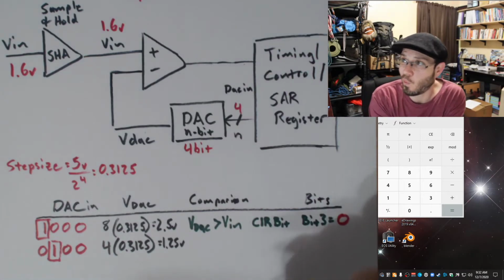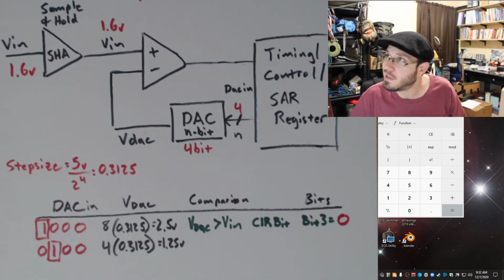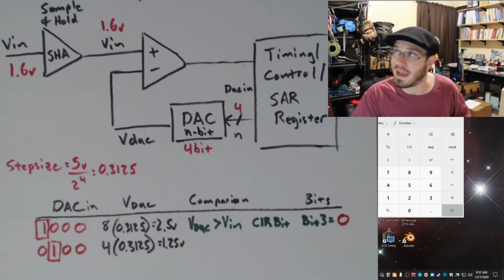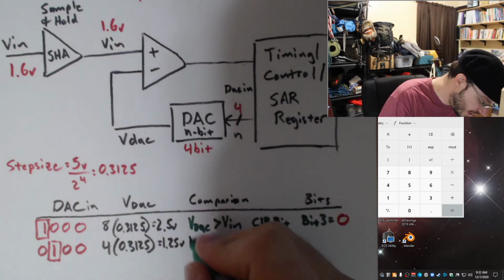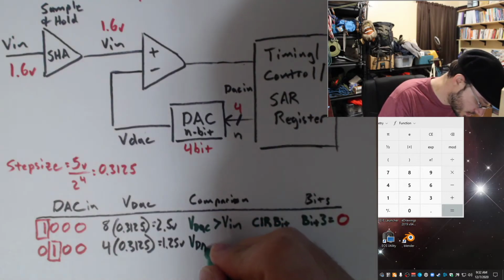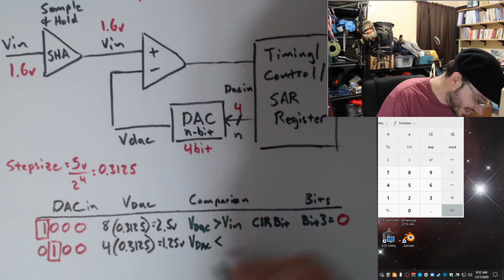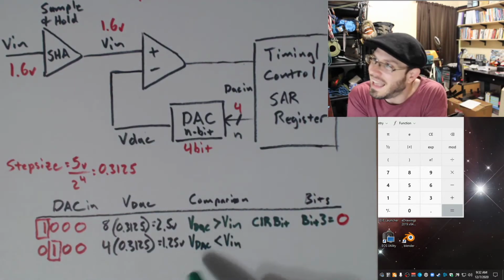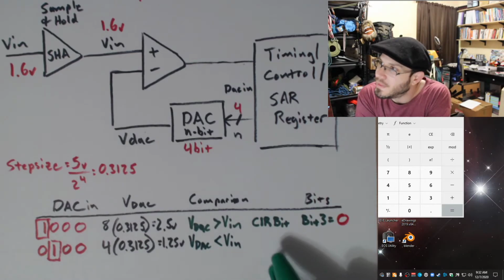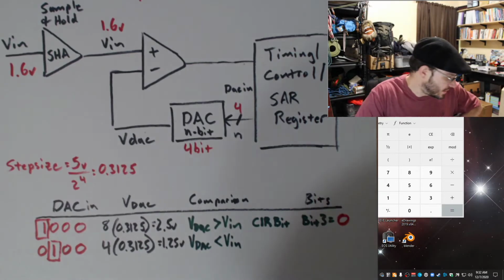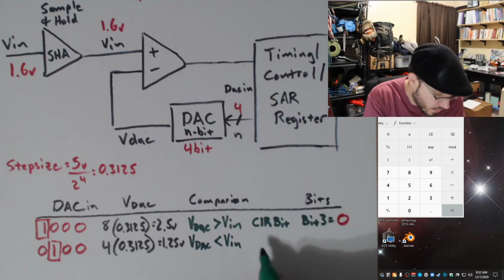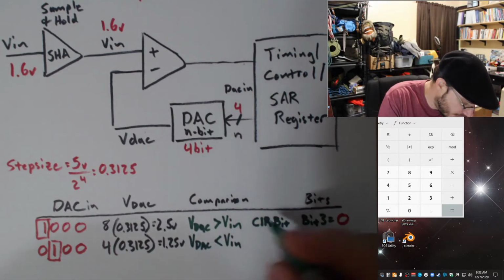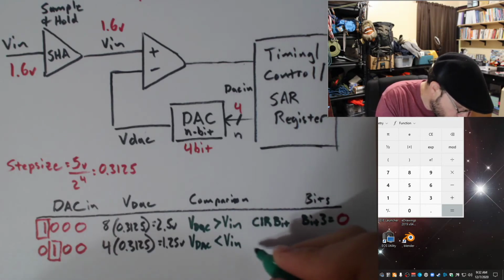It's less than 1.6. So now you can see the result of the comparison is actually now the opposite. So VDAC is now less than VIN. If it's less than VIN, we're going to leave the bit set. You can say no change or set bit, however you want to think about that. I'm going to go with no change.